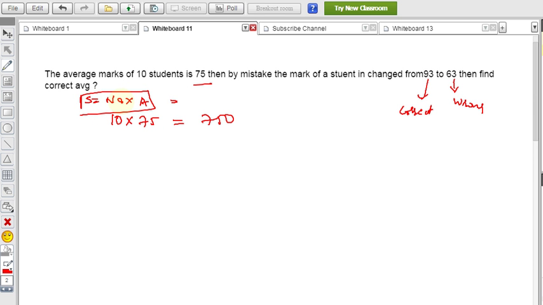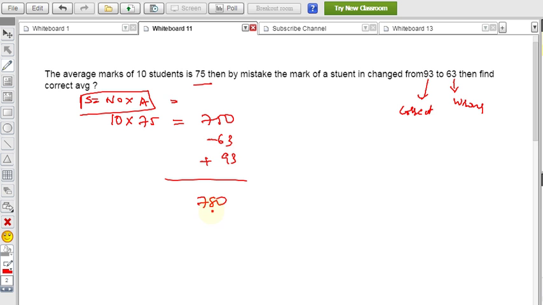By changing the marks from 93 to 63, their average is 75. So if it had not been changed like that, what is the new average is the question. Now, which is wrong, we subtract, and which is correct, we add. How many marks are changed, that we subtract, and the correct one we add. 750 minus 63 plus 93 gives 780, because minus 63 plus 93 is 30.